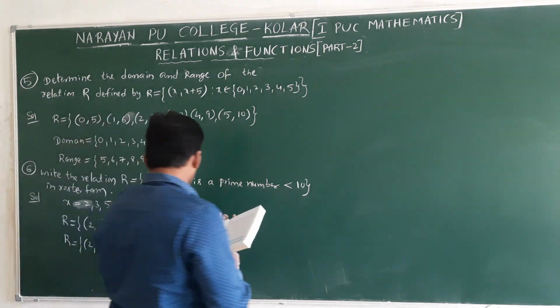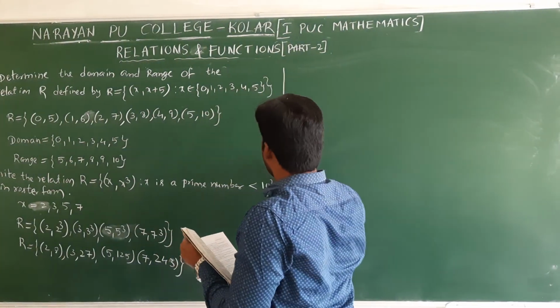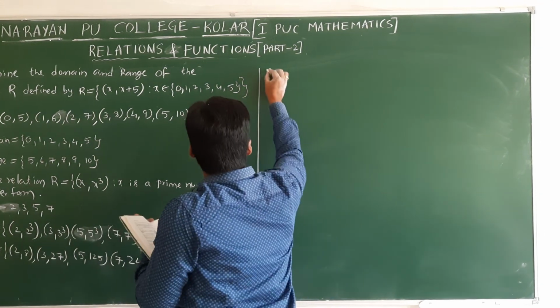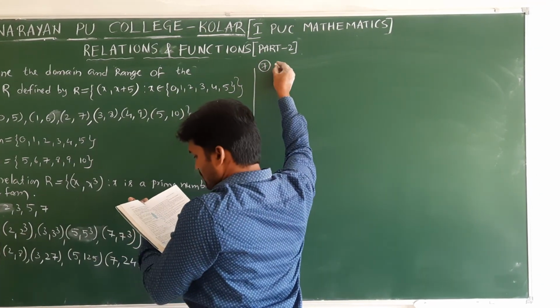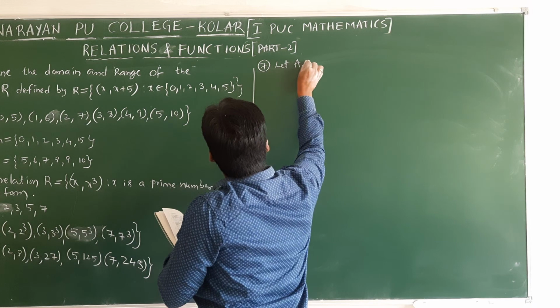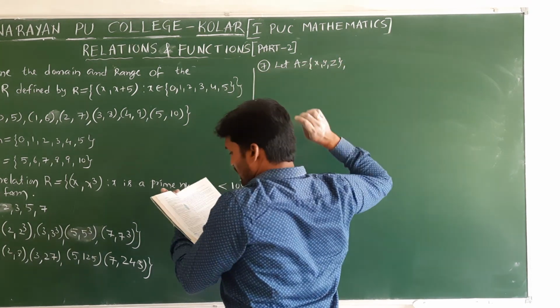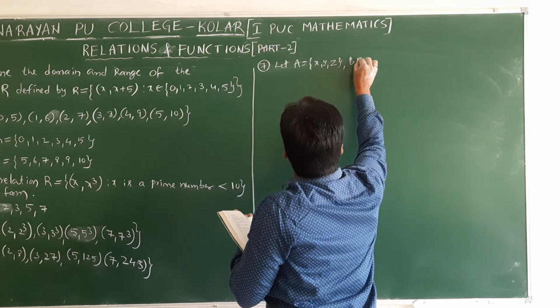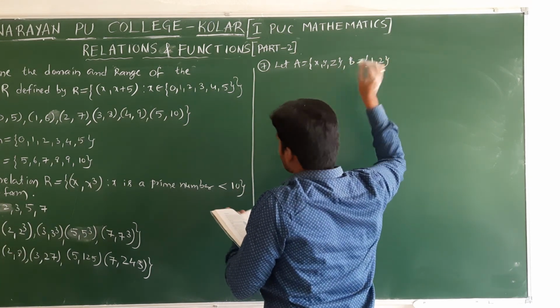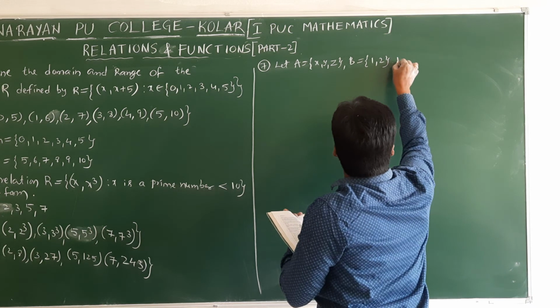Next, question number 7. Let A equal to the set of x, y, z, and B equal to the set of 1, 2.